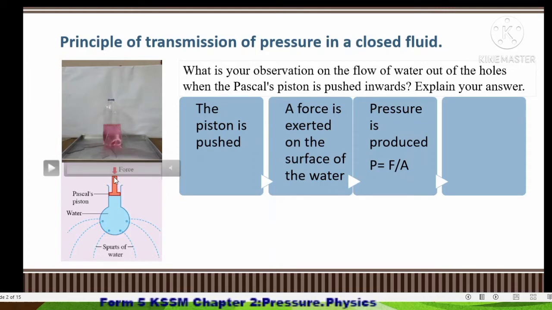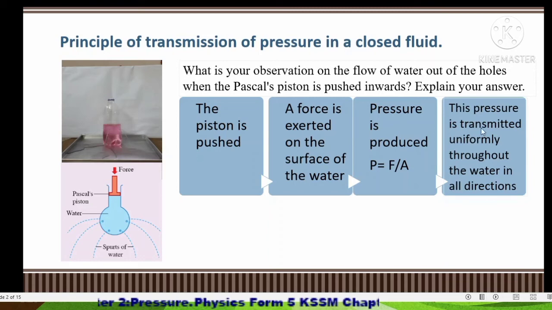As you can see, when the piston is pushed down, the water will spurt out through the holes here at the same speed. And this situation shows that pressure is transmitted uniformly throughout the water in all directions.